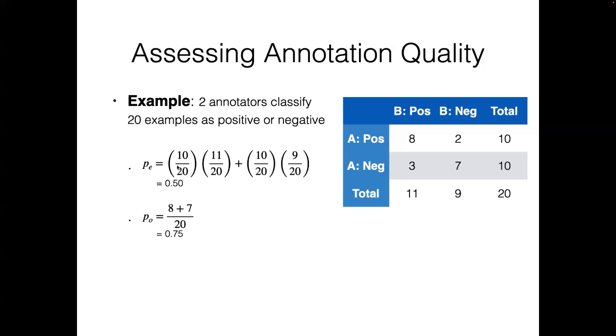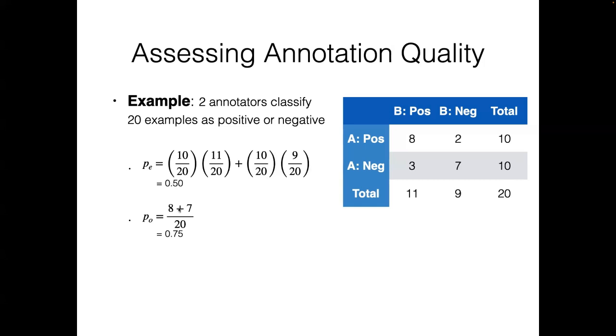So here, for the positive label, we have A giving positive 10 out of 20 times, and B giving positive 11 out of 20 times. Sorry about this. So the expected agreement would be 10 over 20 times 11 over 20. Similarly, for the negative label, you have 10 over 20 from A and 9 over 20 from B. So this is the expected agreement for the negative label, and you get 0.5.